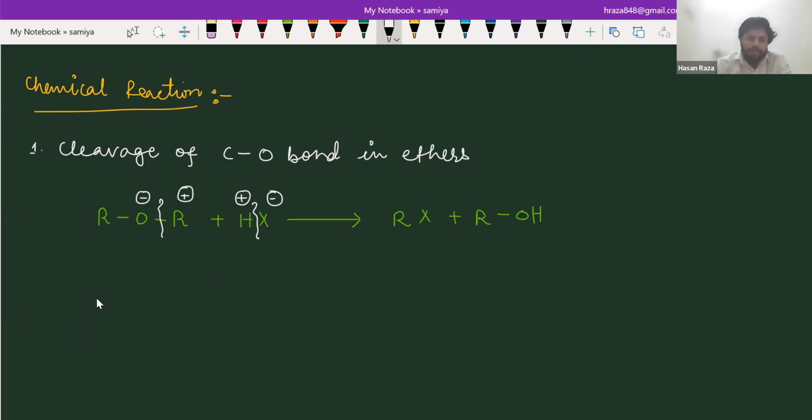Now again, if you are going to take hydrogen halides in excess, this alcohol will react with this alkyl halide in the same way. Oxygen will have a negative charge, the alkyl group will have a positive charge, then again positive and negative, and then you will get RX again, another mole of alkyl halide, with the removal of water.